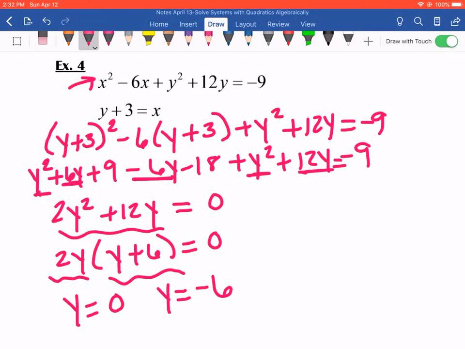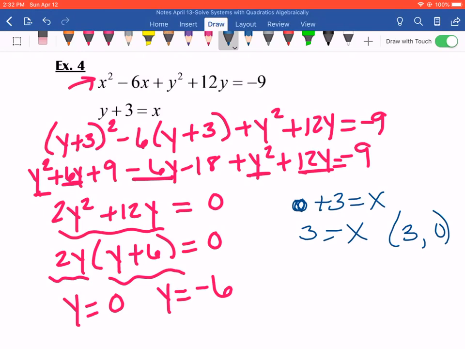Now we need to figure out what our corresponding x values are. I'm going to change colors here real quick, just so I can differentiate between my problems. I want to figure out when y is equal to 0, what does x equal? So when y is 0, plus 3 equals x, what I end up finding out is that x is equal to 3. So one solution is the point 3, 0.